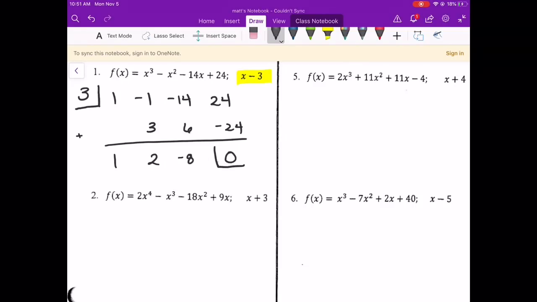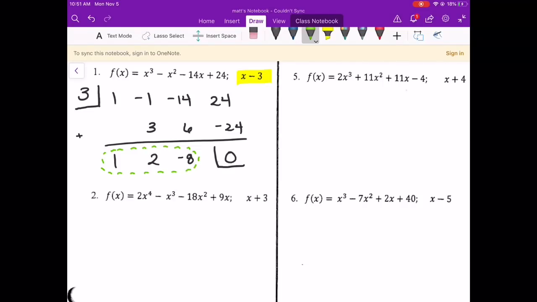And when you end with a 0, you know that you've just secured one of the zeros or one of the solutions of that polynomial. So by them getting us started with x minus 3, we just confirmed that it was indeed a solution. So now what I could do is take the stuff that's left over, the stuff that's right here, and rewrite that as a polynomial that I can solve at this point.